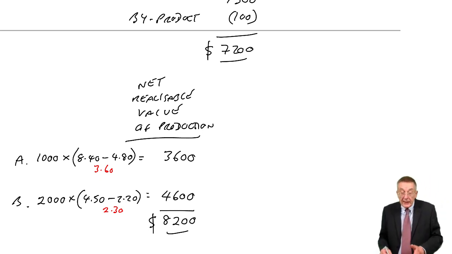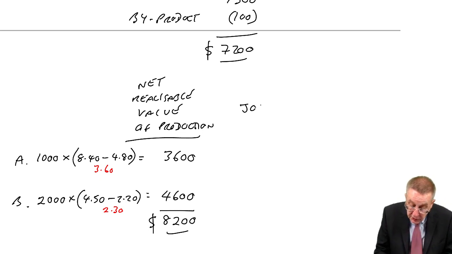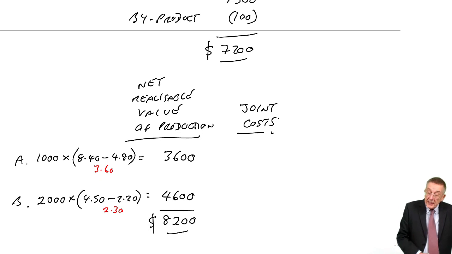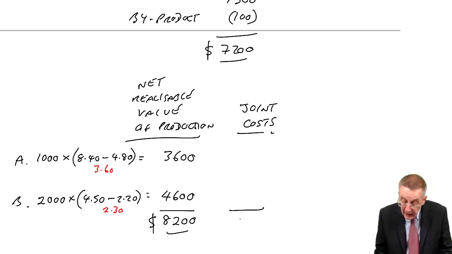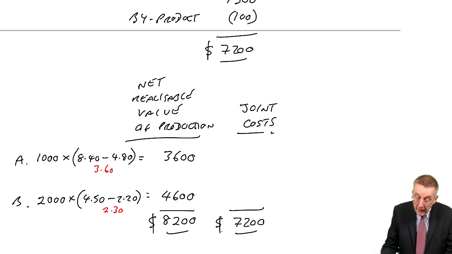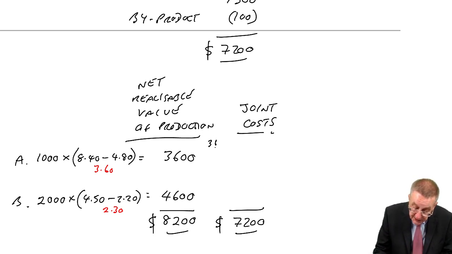And so using those values, we'll now split our joint costs. The way we did before, market value approach. The joint costs are 7,200. In terms of net realizable value, A is 3,600 out of a total of 8,200, whereas B is 4,600 out of a total of 8,200.